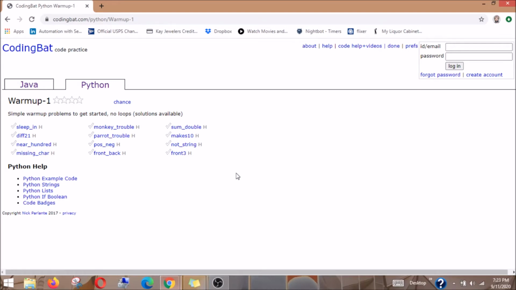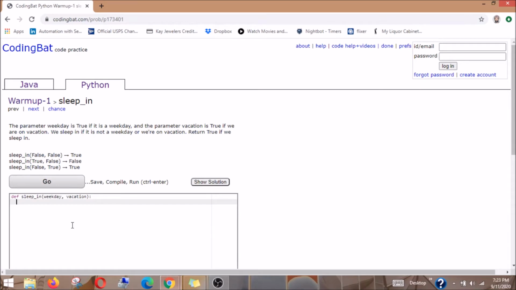So the first question is sleep in. The parameter weekday is true if it is a weekday, and the parameter vacation is true if we are on vacation. So there are two parameters, one is weekday and the other is vacation.